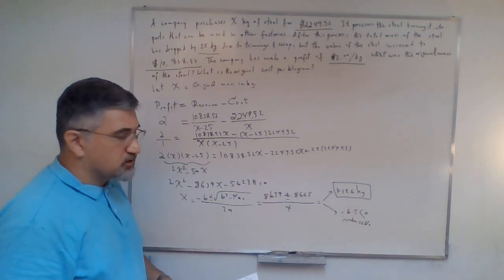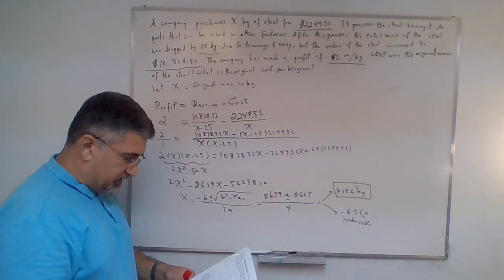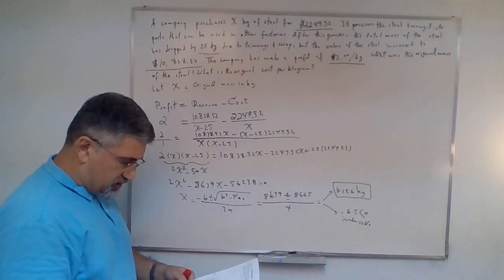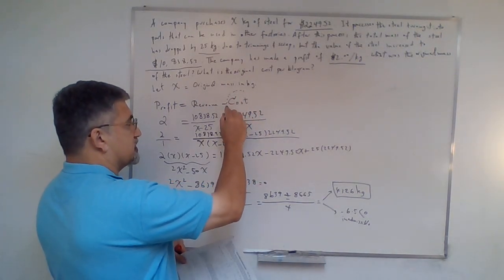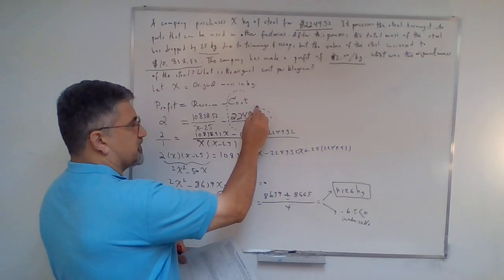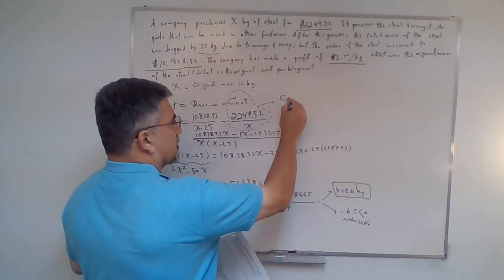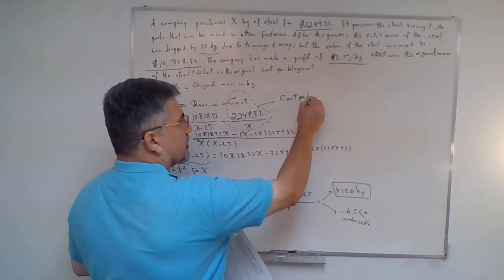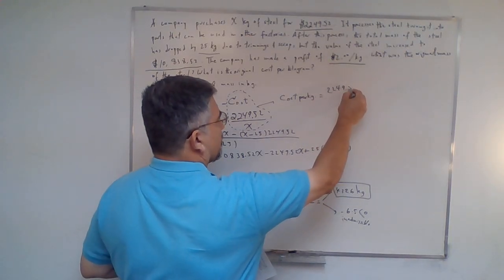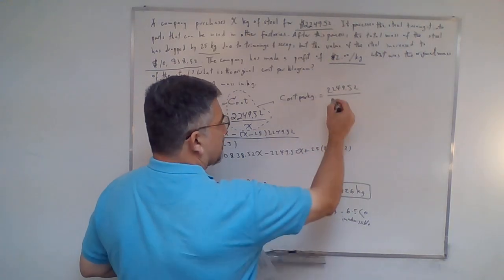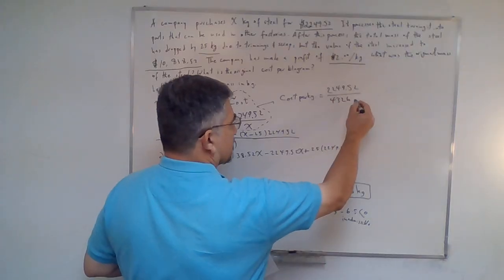It is 4,326 kilograms. And it says, what is the original cost per kilogram? Well, cost per kilogram was this, if you recall. We said that the cost is represented by this fraction here, right? So cost per kilogram will be 2249.52 divided by 4,326.